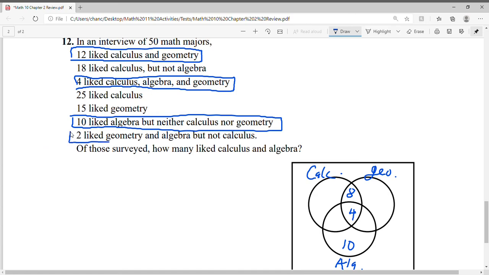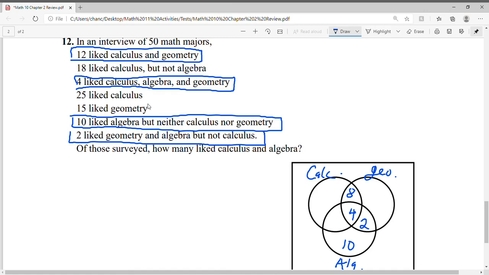For this part, we know that 2 liked geometry and algebra, but not calculus. So this has to be a 2 because we know that these individuals like geometry and algebra, but not calculus, so not this part of the circle.